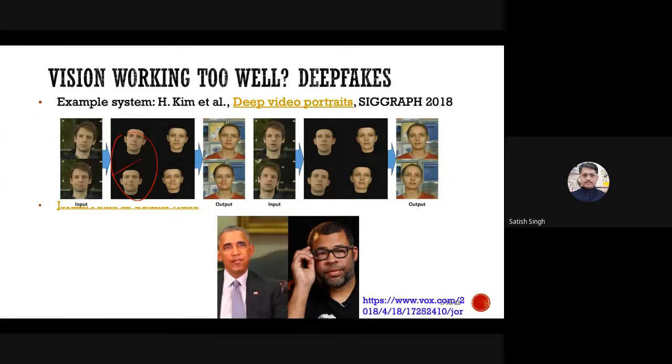She never showed these kinds of expressions, but they can be generated artificially by using deep learning models. So somehow it is dangerous. You have never given any expression, but it can be generated.